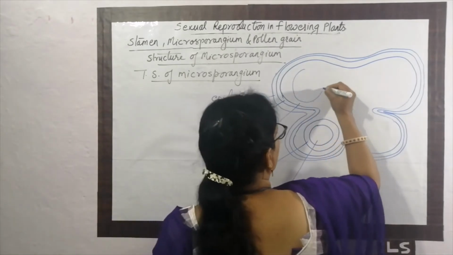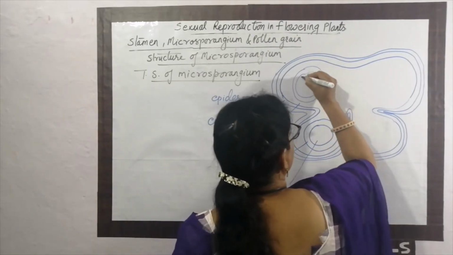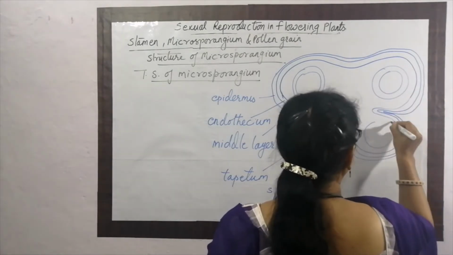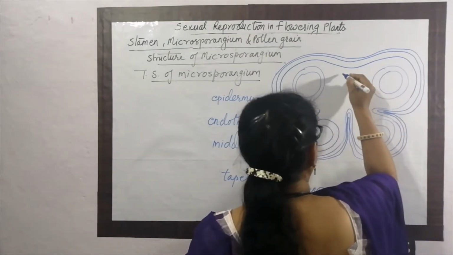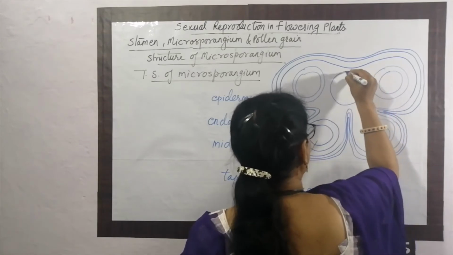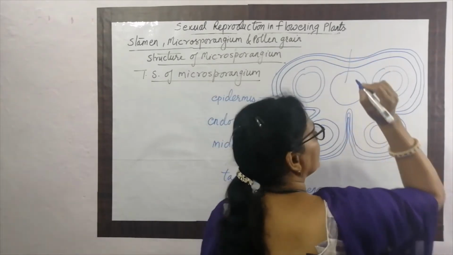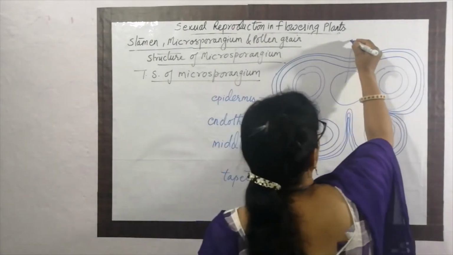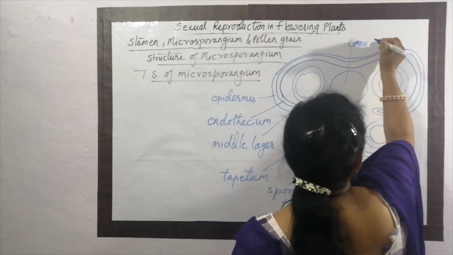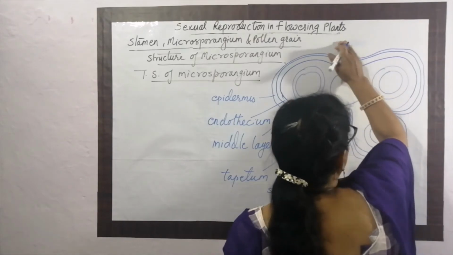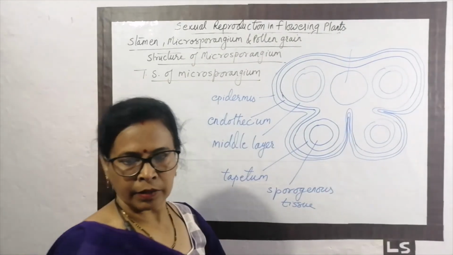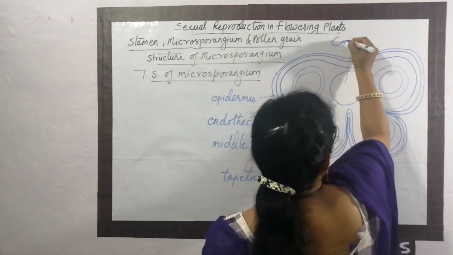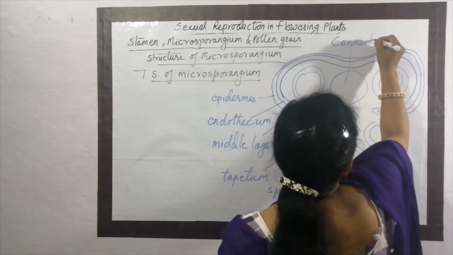Similarly, here also tapetum is present, here also, and here also. Here the group of tissue which is present in between all the lobes is called the connective tissue.